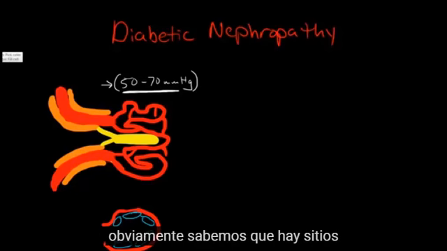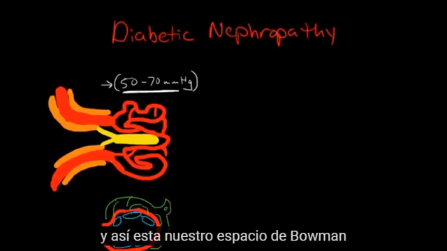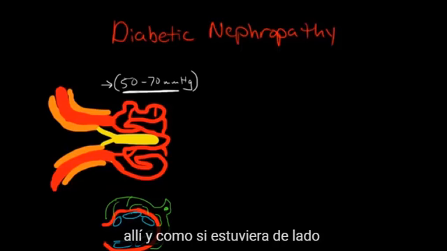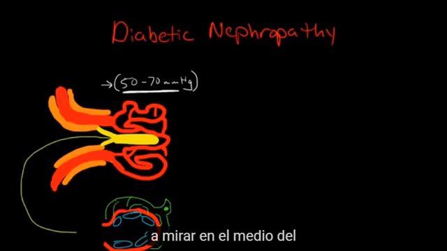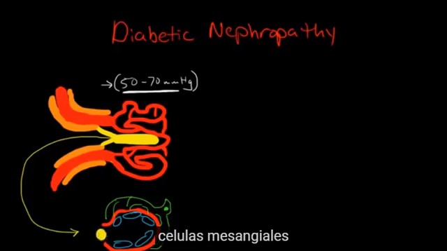And then, obviously, we have our podocytes on the outside. And so there's our little podocyte there. And then off to the side, if you can imagine that we're looking at the middle of the tuft of capillaries here, we have some mesangial cells.